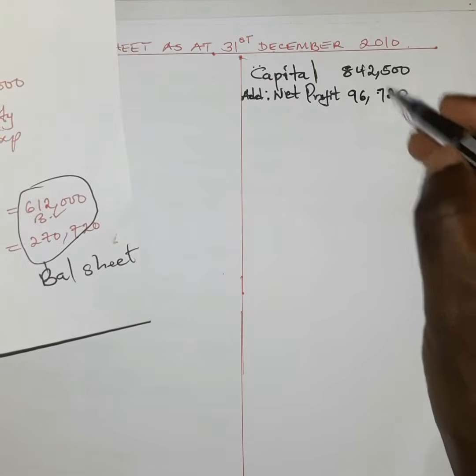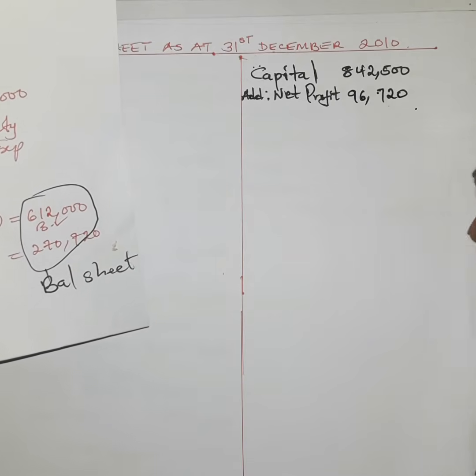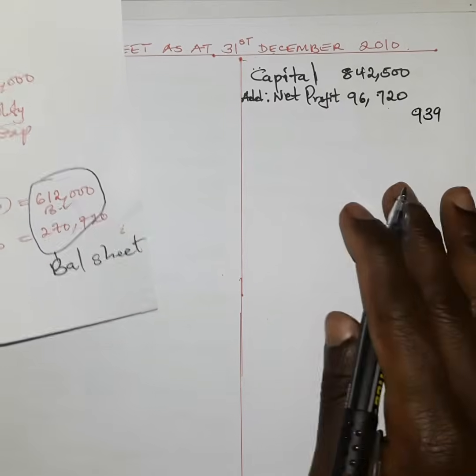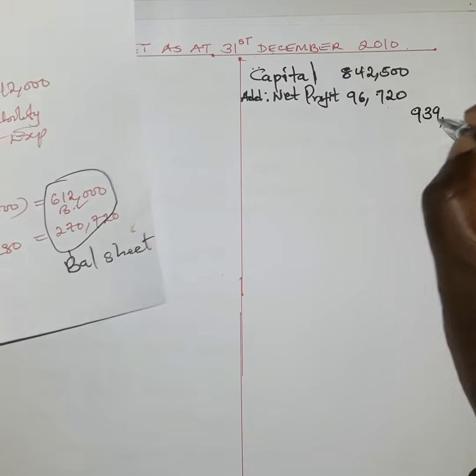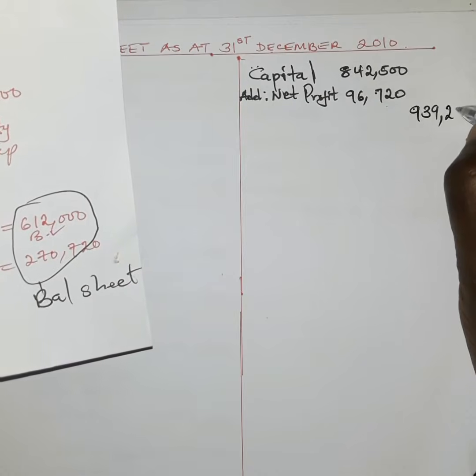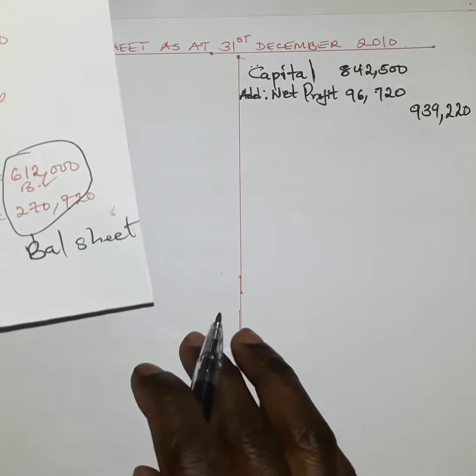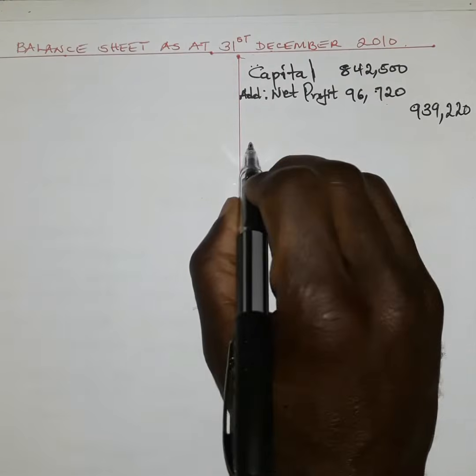When you add these two, you're supposed to get a value of 939,220. Then of course we have our long-term liability.